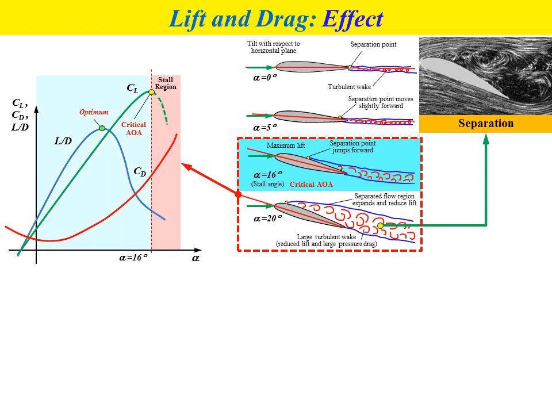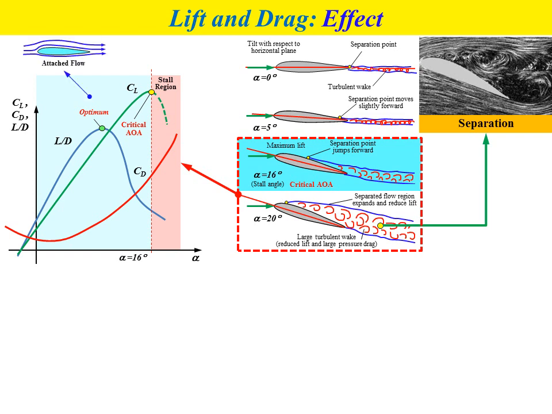Okay, so the blue region in the graph of CL, CD versus alpha is the region where the angle of attack is below the critical angle of attack.